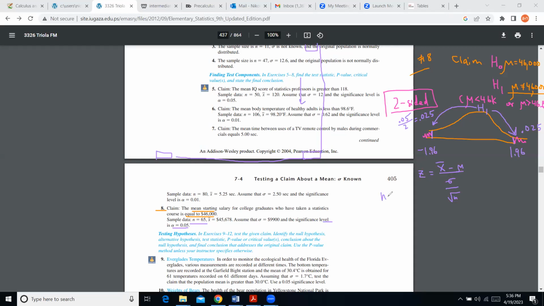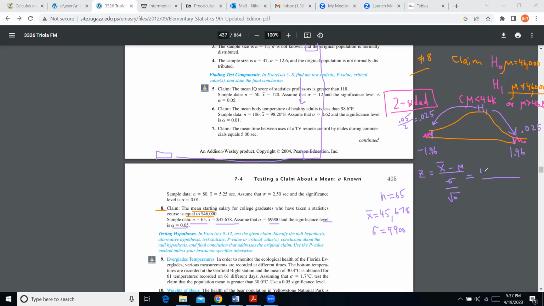So now I'm going to take all these numbers given in the exercise, such as a sample mean of 45,678, and then finally a standard deviation, which is given as 9,900. So we plug those numbers into the formula and get the z-score that comes out of this sample.